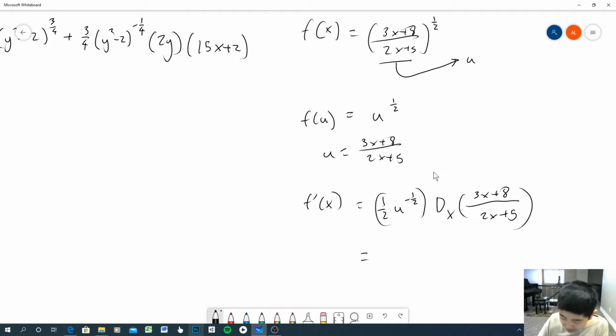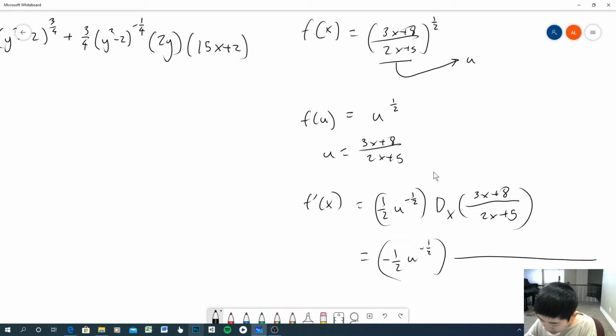And then we keep on repeating it. So we do the quotient rule, which is just negative 1 over 2 u to the negative 1 over 2 times long 2x plus 5 squared, and then 3, since 3 is the derivative of the top function, times 2x plus 5 minus 2 times 3x plus 8.